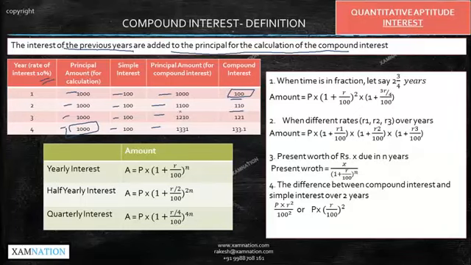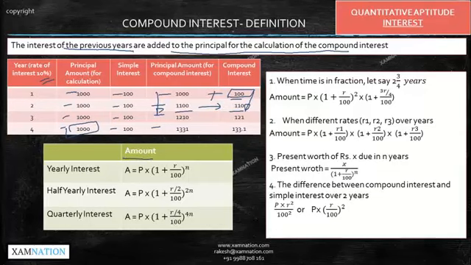So the principal amount for the second year becomes 1000 plus 100, that is 1100. The compound interest will be based on this amount, so that will be 110. So you can see the principal as well as the compound interest vary for each year.